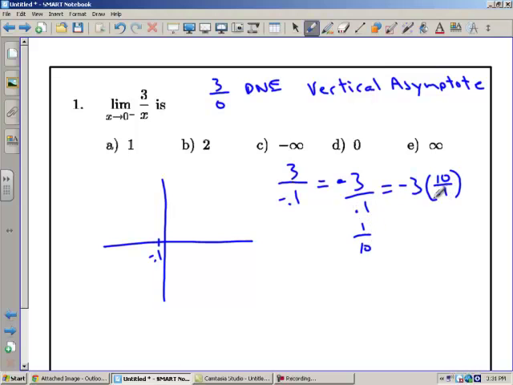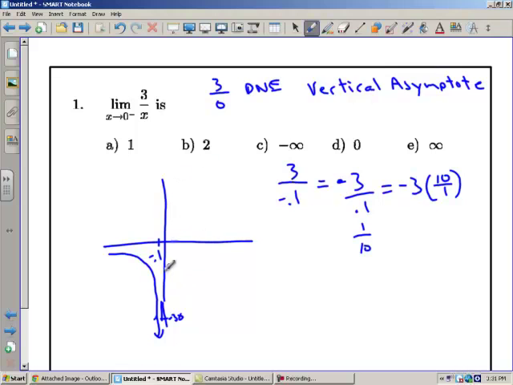You flip it over and multiply, and we're at negative 30. That means that at negative 0.1 we're way down here at negative 30. So I know for a fact that as my graph is approaching my vertical asymptote, it just goes, whoo, falls down. You need some scuba diving gear, bro.